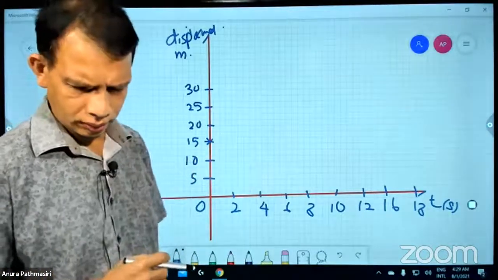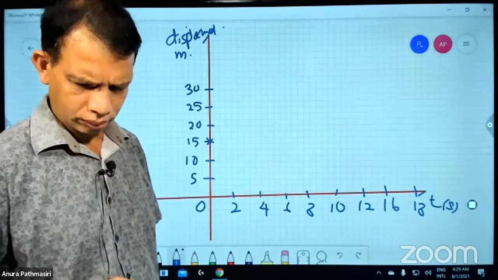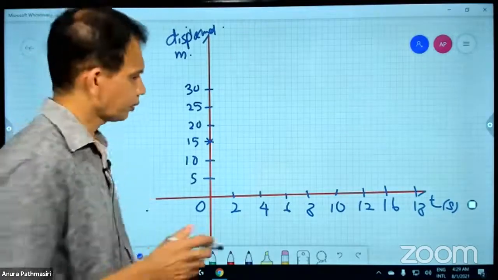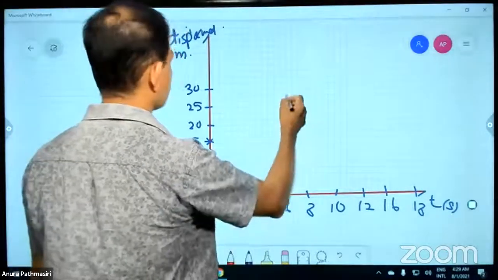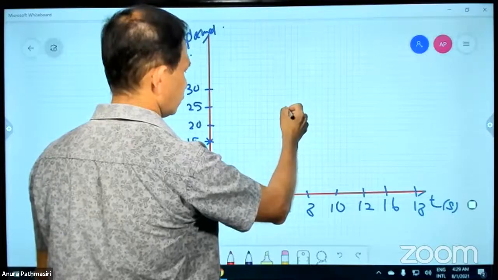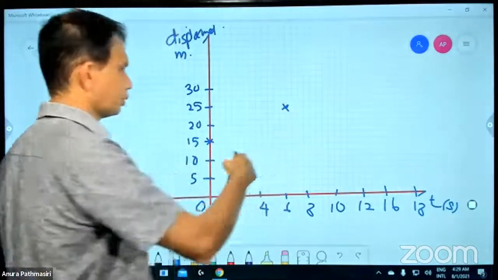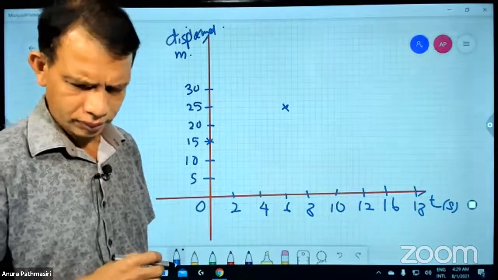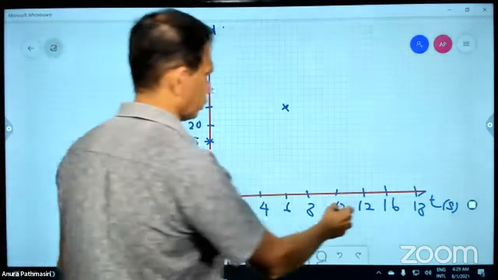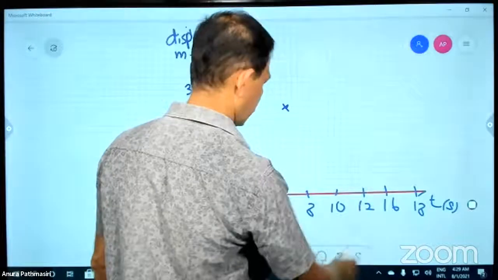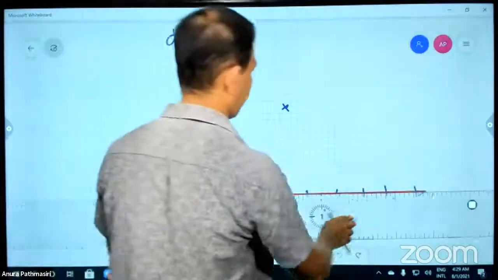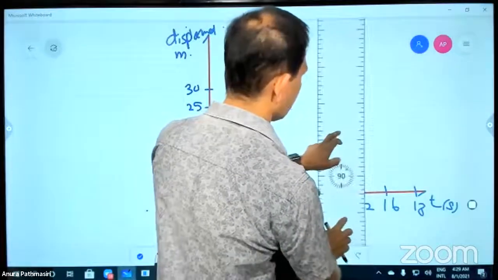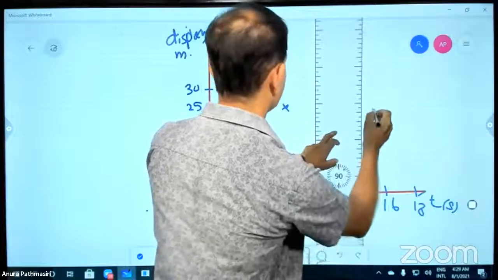And then at 6, it is 25, and at 12, it is 25.